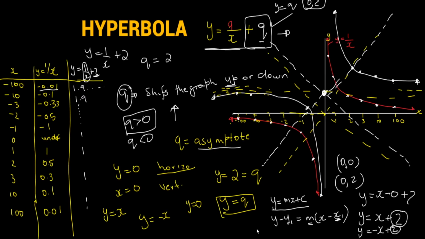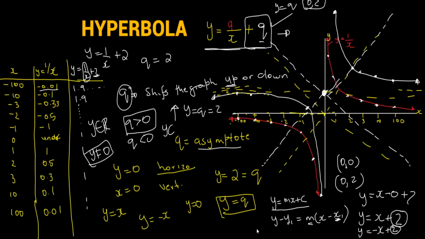And now, something else we talked about, we also talked about the range. And from the basic graph, which is the pink graph here, we had y is the element of real numbers, but y cannot be equal to 0. And this was your asymptote. Now that you have a new asymptote, which is y equal to q, and in this case is equal to 2, your range also will change.